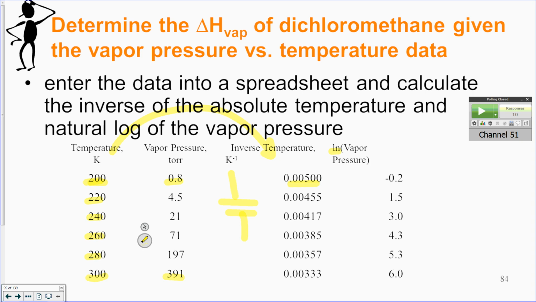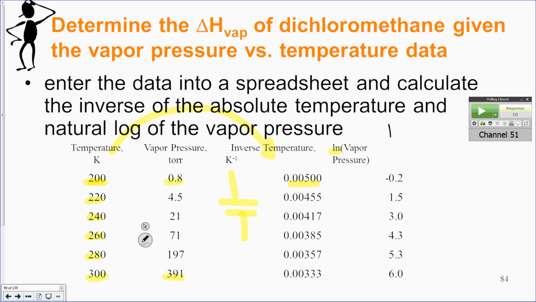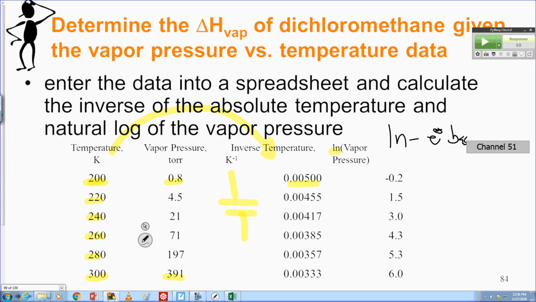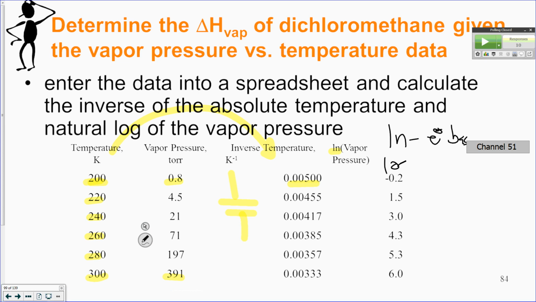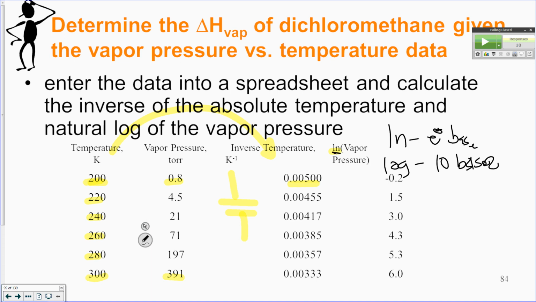In this example, we're doing Ln, the e base. So make sure you can do that on your calculator. If you put in 0.8 and took the natural log, you should get about negative 0.2.